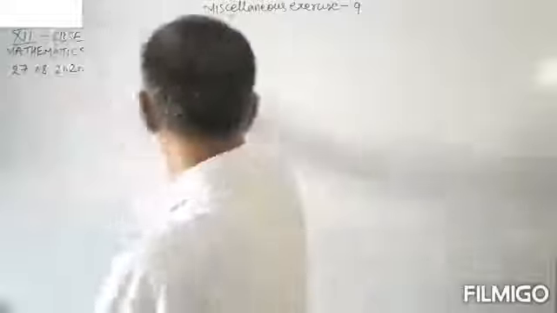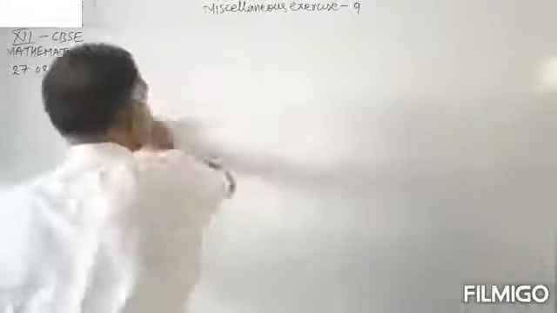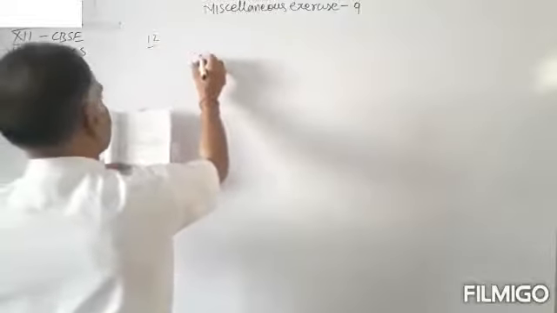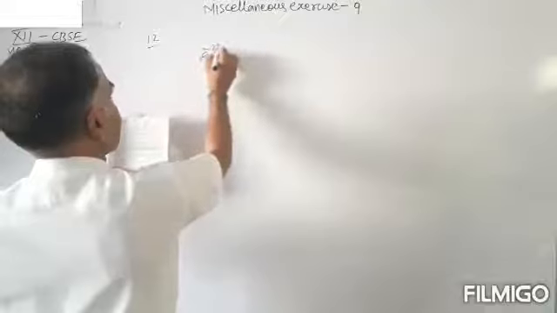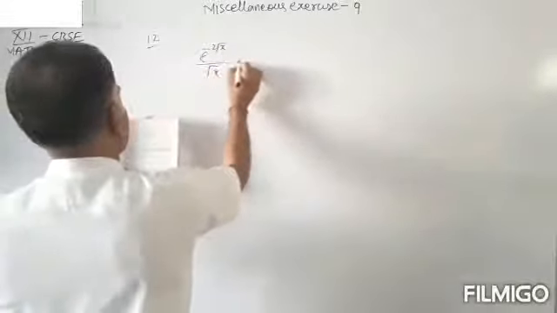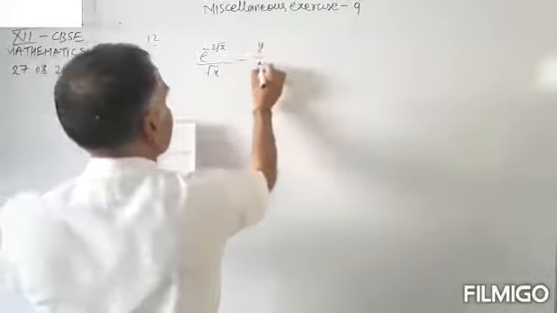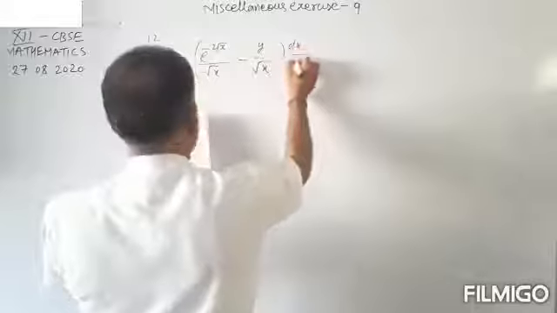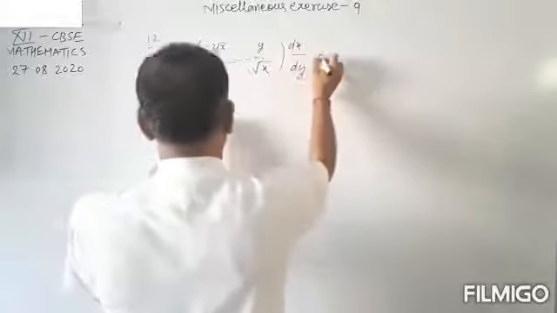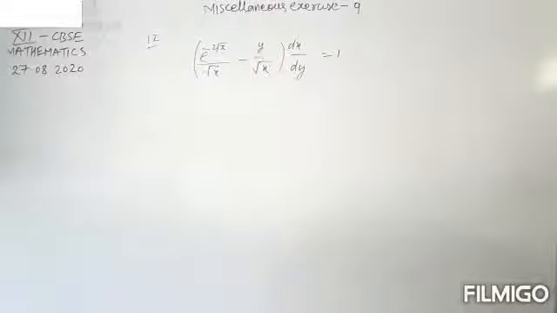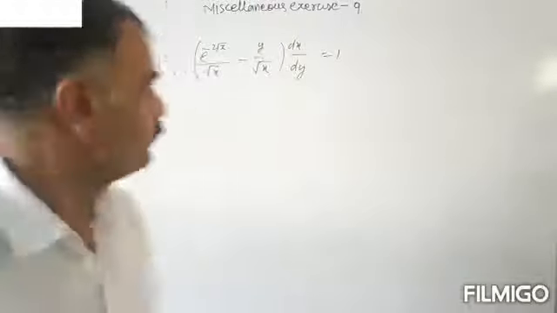Question number 12 is: solve the differential equation e to the power minus 2 under root x upon under root x minus y upon under root x, dx upon dy is equal to 1.